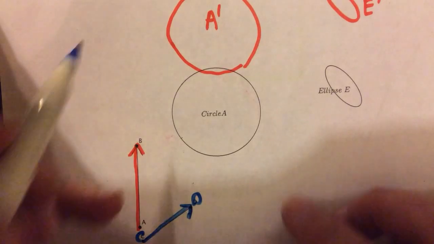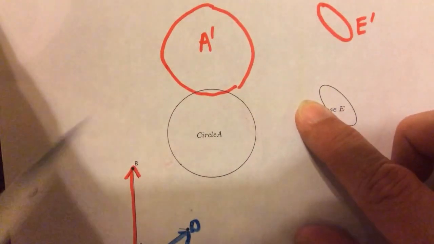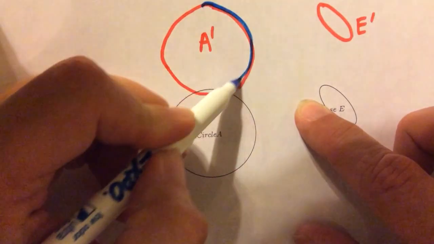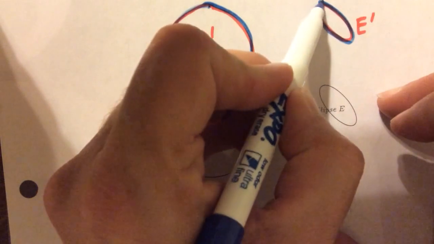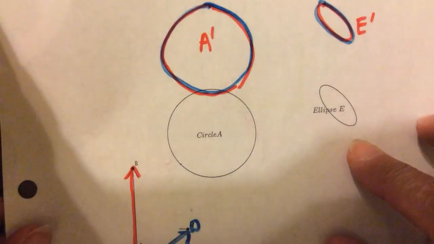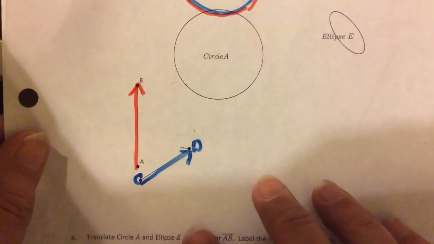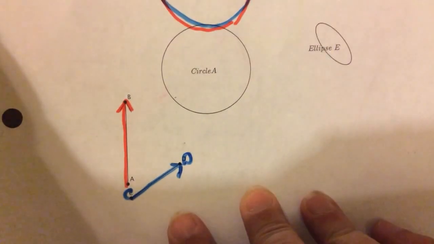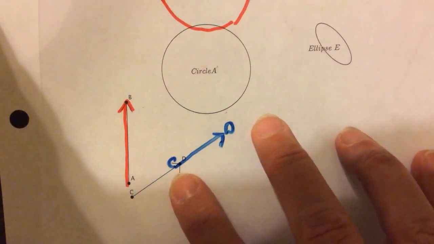And this time we're going to translate A prime. So it's this circle and this ellipse. And we're going to translate it along vector CD. Okay? So again, when I do the translation, I focus on the vector, not the figures.